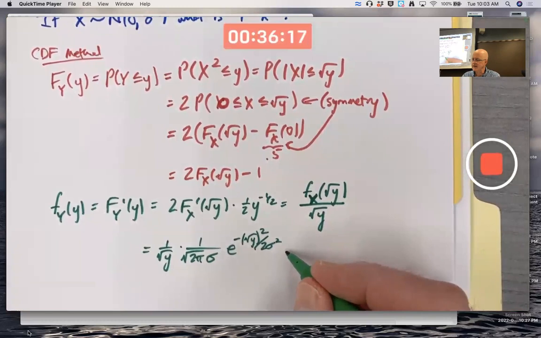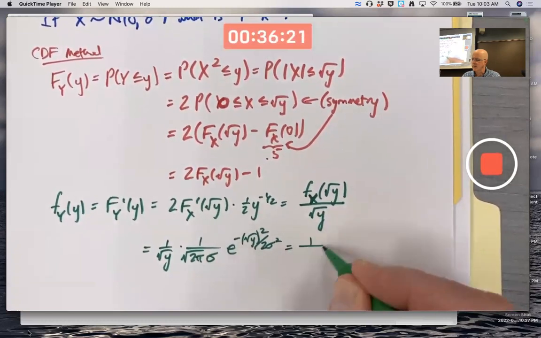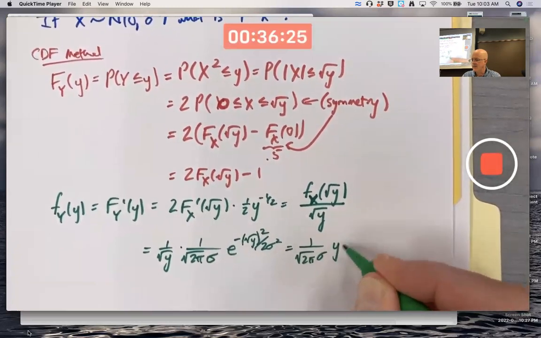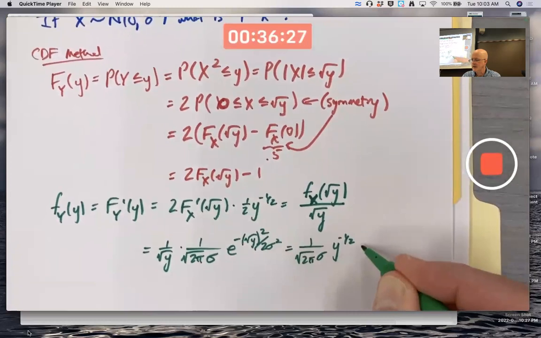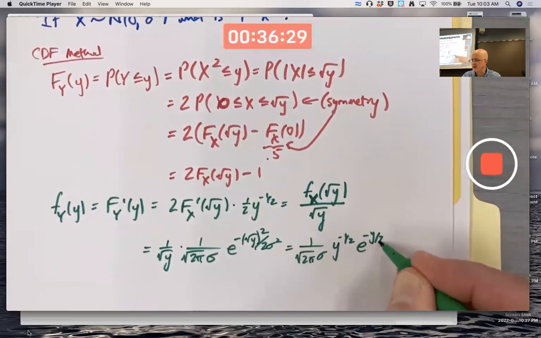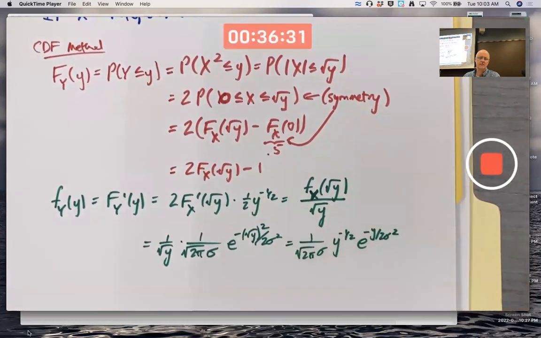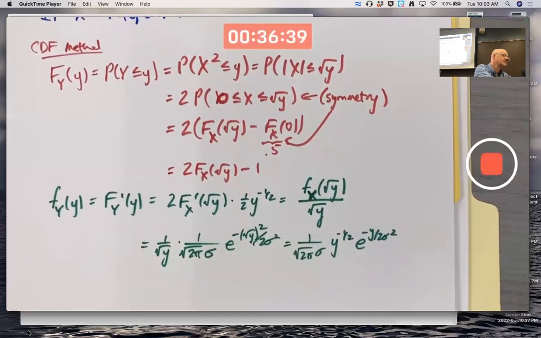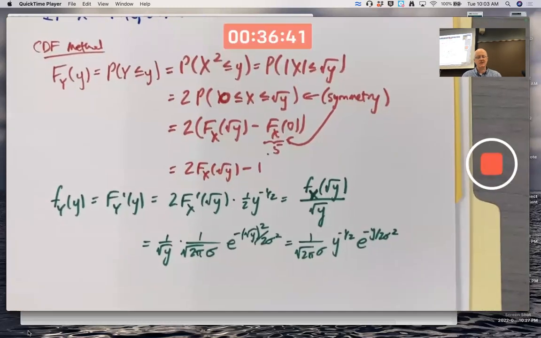So this simplifies a little bit to 1 over square root of 2 pi sigma, y to the negative 1/2, e to the negative y over 2 sigma squared. If sigma is 1, that's the PDF of a chi-squared with 1 degree of freedom. But I'm not saying sigma is 1.